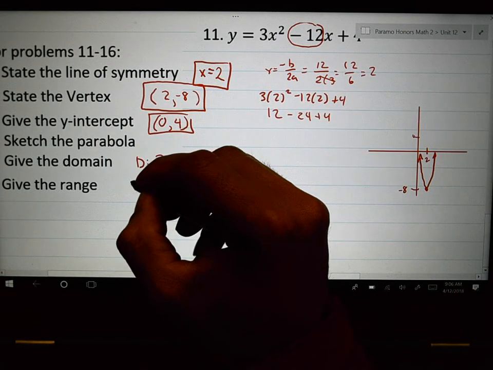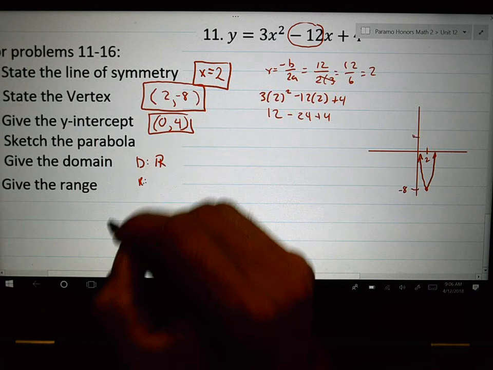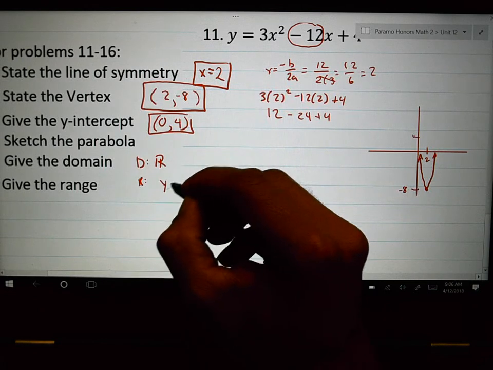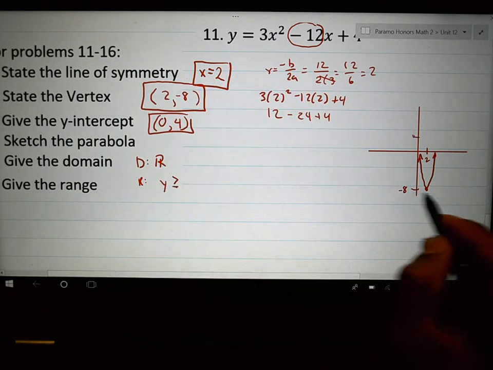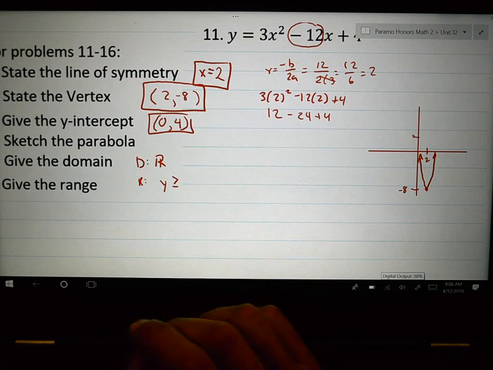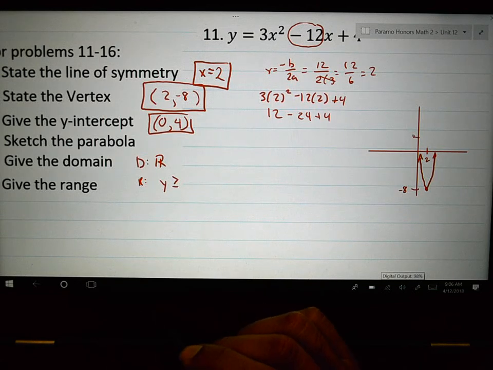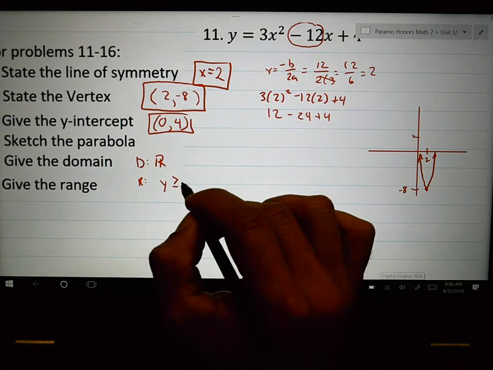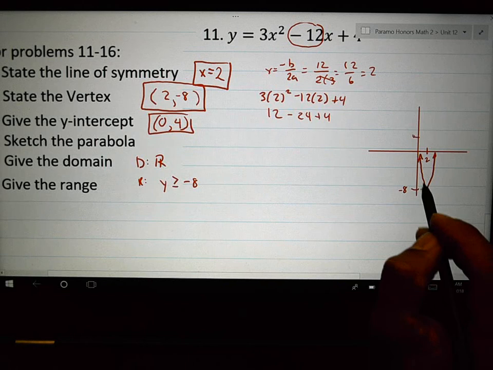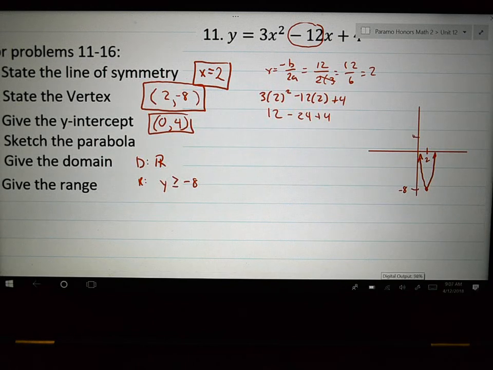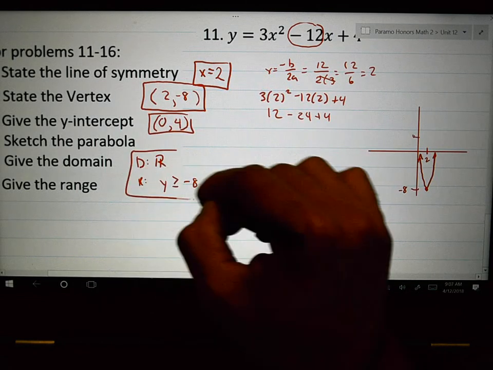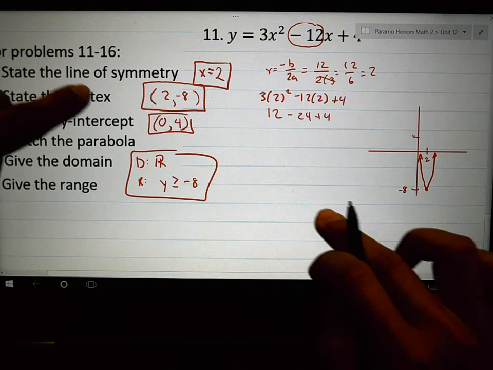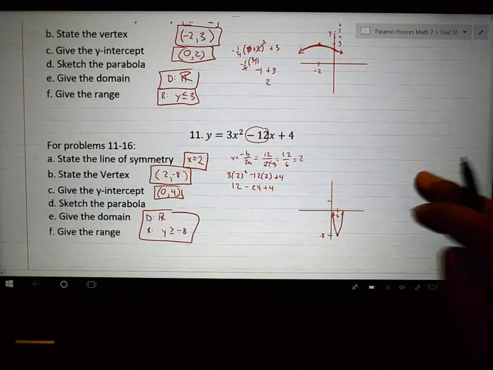Our range, the y values have to be greater than or equal to, what's the k, the y coordinate of your vertex? We have y values bigger than or equal to -8. There's nothing below there for our y values. I'm hoping that all makes sense to you. We're going to stop your notes right there.